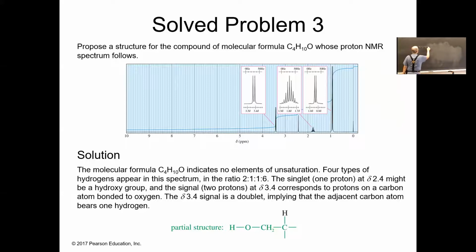Butan-1-ol, butan-2-ol. There is tert-butyl alcohol, or 2-methylpropan-2-ol. And then the last one would be isobutyl.